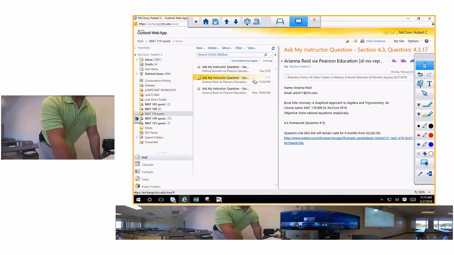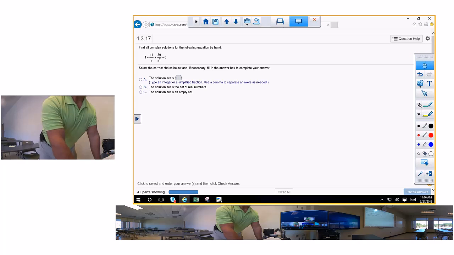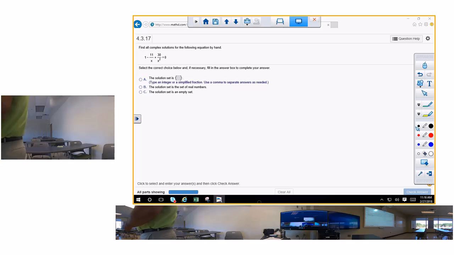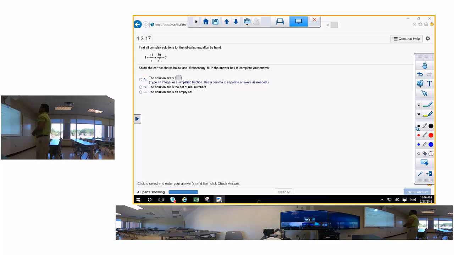Next question is 4.3, number 17.5. Find all complex solutions for the following equation by hand. Ooh, what a mess.